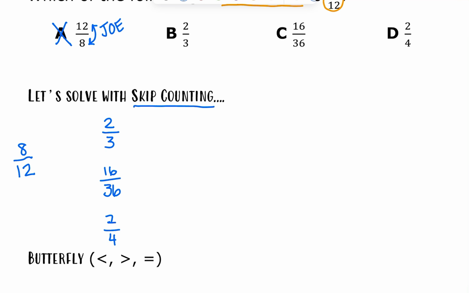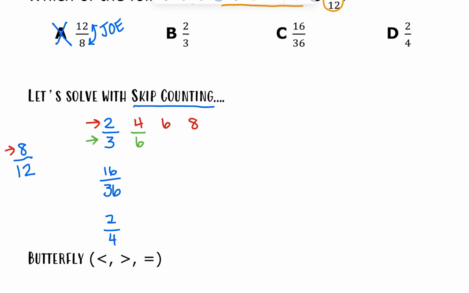So let's start on the first one. On the top here, I'm going to skip count by 2 until I get to 8. So 2, 4, 6, 8. Perfect. I want to get to 8 because that's my top number over there. Now let's go on the bottom and skip count by 3s. That's going to be the bottom of my fraction.